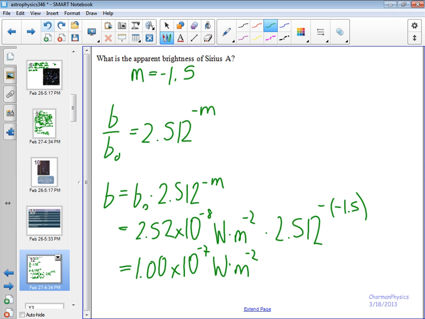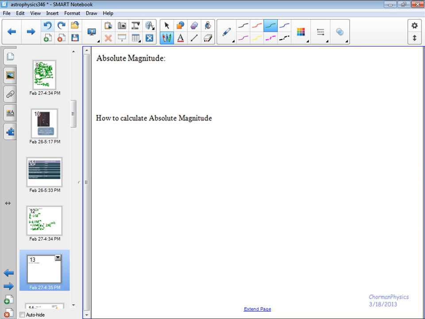So there's another idea here called absolute magnitude. And as always, I like to imagine disembodied hands messing with the universe. We can imagine our disembodied hand taking a star and placing that star 10 parsec away from the Earth, and measuring its apparent brightness, and then calculating its apparent magnitude from that.